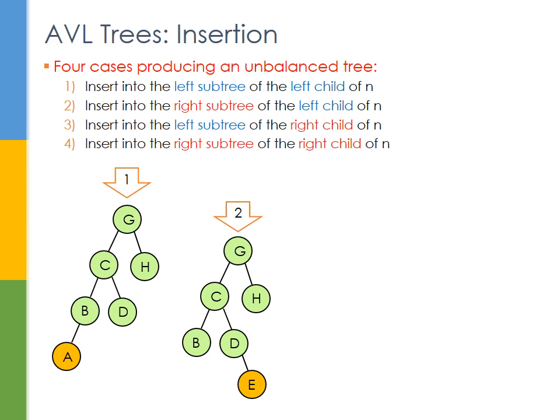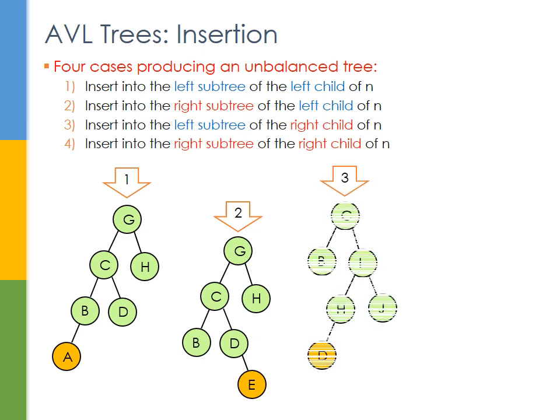This is because we have a right subtree of height 1 and a left subtree of height 3. So 1 minus 3 will give us once again a balance factor of -2, which is invalid and then needs to be rebalanced.